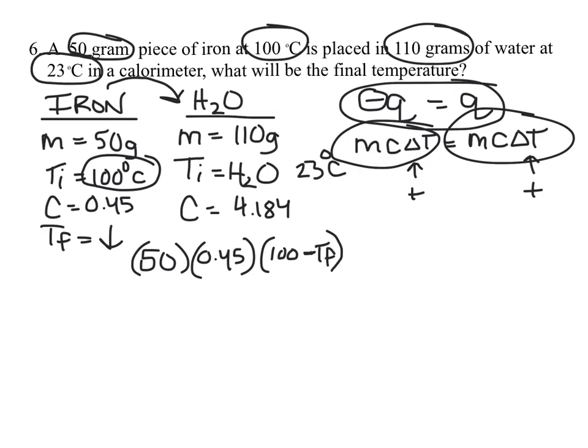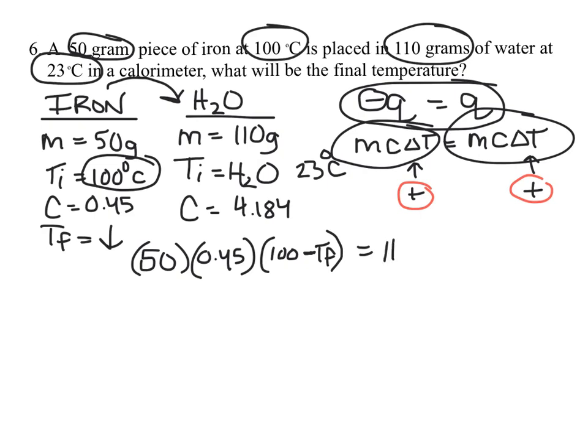When you take a bigger number minus a smaller number, we know that'll always end up being positive. And as I said, we want to make sure that the changes in temperature for both of these end up being positive, even though we know that typically it's final minus initial. Whenever you take the hotter item in calorimetry, just do initial minus final so that the change in temp equals positive numbers and you'll be just fine. All right, that's just one little tweak. Otherwise, everything else stays the same like we've been doing.